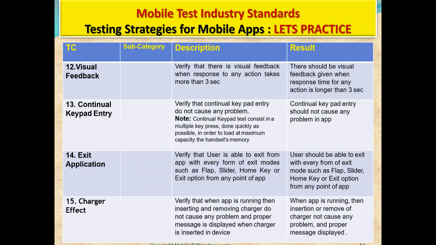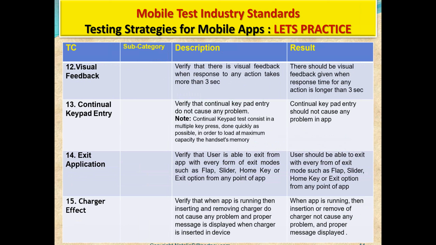Okay, visual feedback. Verify that a visual feedback is popping up in response to any action that takes more than 3 seconds. Okay, this is an industry standard. We do not want to make the user worry about what's going on. Continual keypad entry.